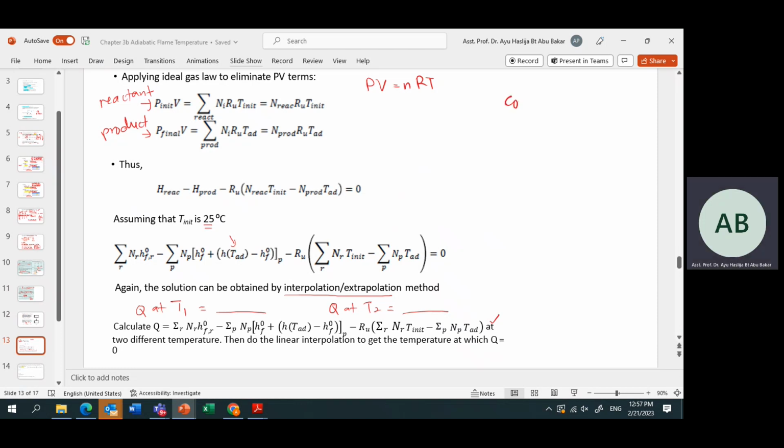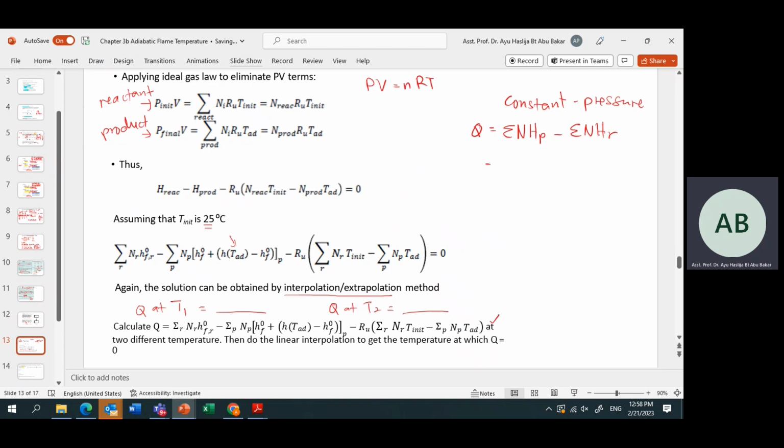In constant pressure last time, it was simpler compared to this. Your Q is equal to N H product minus N H reactant.